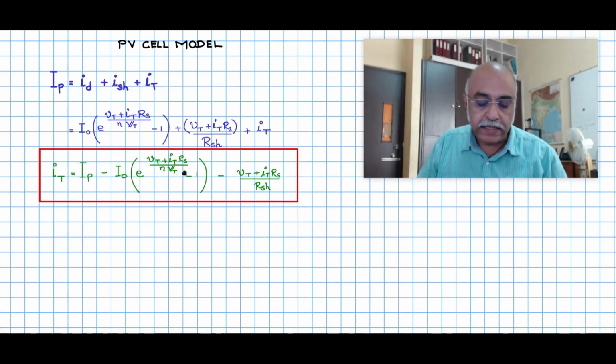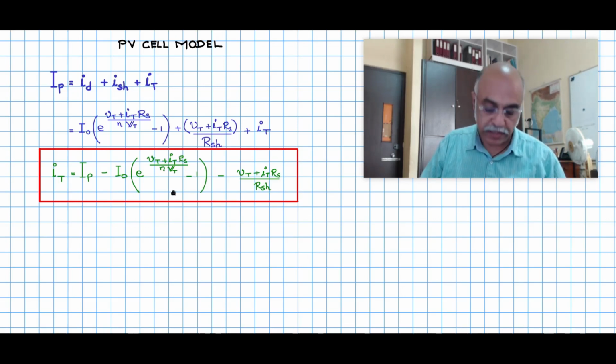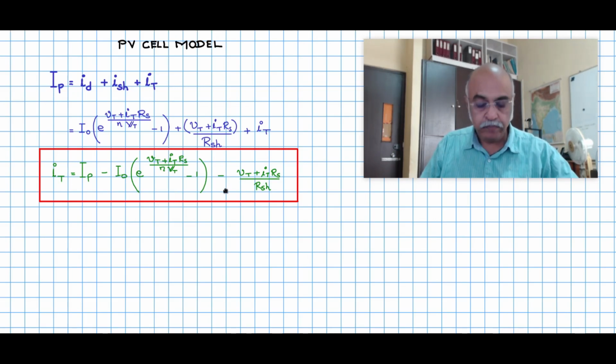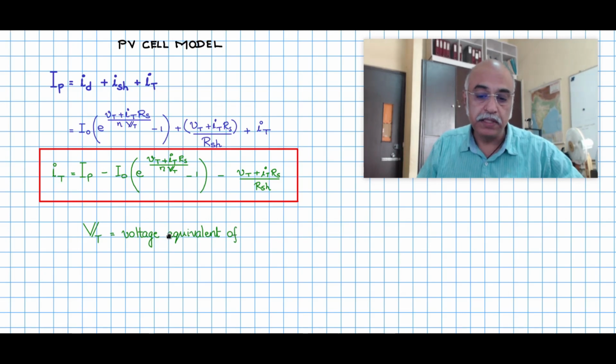A bit of decoding is necessary here. Of course, this is a well-known equation. You will get it in any semiconductor physics book. But let me decode this for you. One variable here is uppercase Vt, which is called the voltage equivalent of the temperature, and it is given by the Boltzmann constant K times T, the temperature in Kelvin, divided by Q, which is the electronic charge.